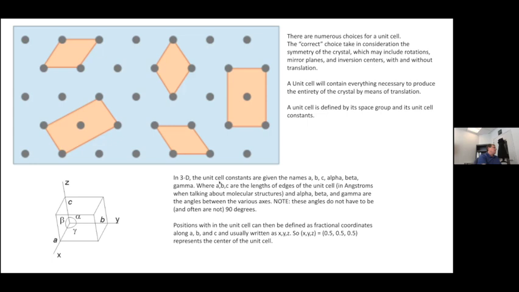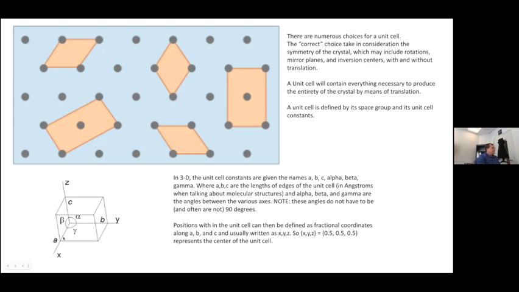In 3 dimensions, we refer to the unit cell constants by the terms A, B, C, alpha, beta, and gamma, and those are drawn out in the lower left. So A, B, and C, you can think of as the edge of the unit cell along a specific direction. And the lengths of these edges are the length of that vector in that direction.